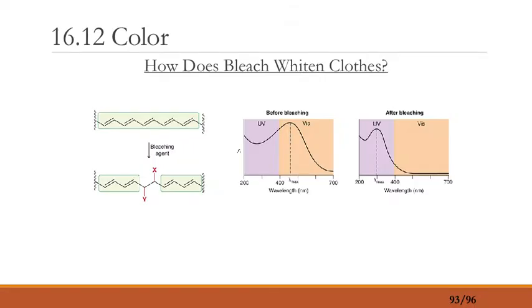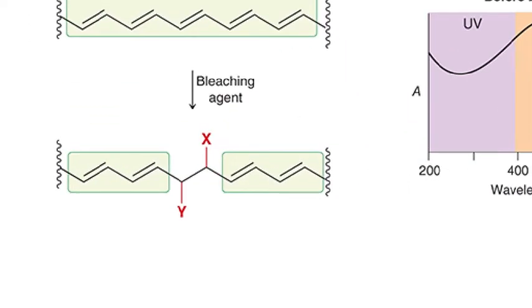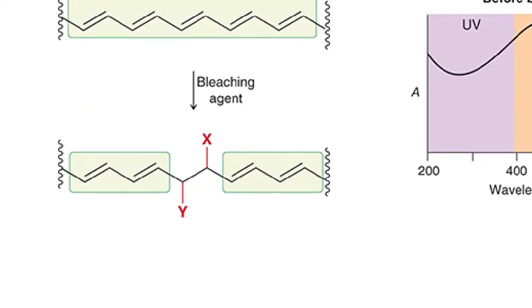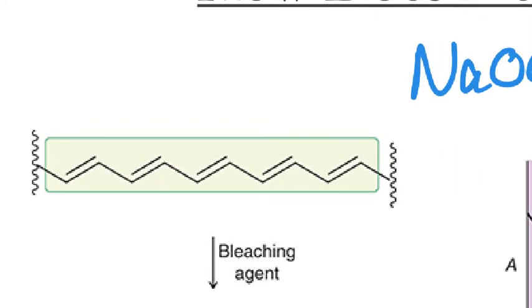All right, so how does bleach whiten clothes? Well, it turns out bleach, which is sodium hypochlorite, NaOCl, will react with double bonds. You have conjugated double bonds in every color on your clothing and in most things in our life.